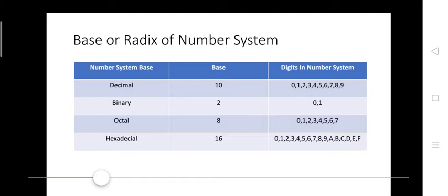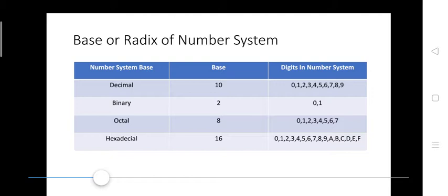Octal number system has base 8. It contains 8 numbers, 0, 1, 2, 3, 4, 5, 6, 7. Hexadecimal number system has base 16. It contains 16 numbers, that is 0, 1, 2, 3, 4, 5, 6, 7, 8, 9, A, B, C, D, E, F.